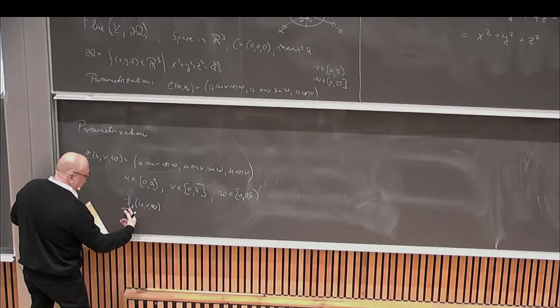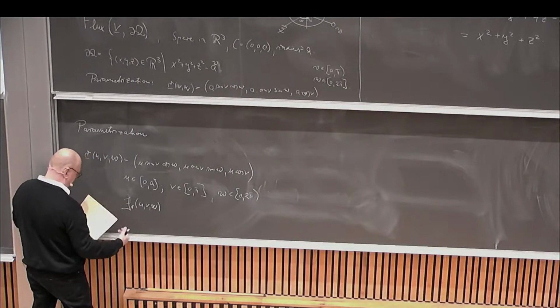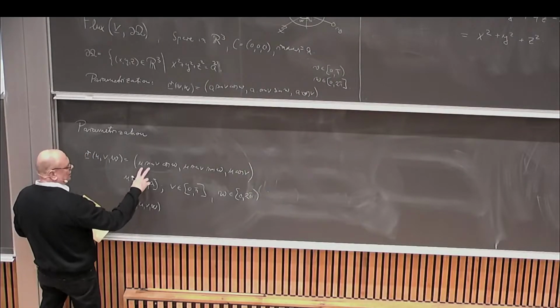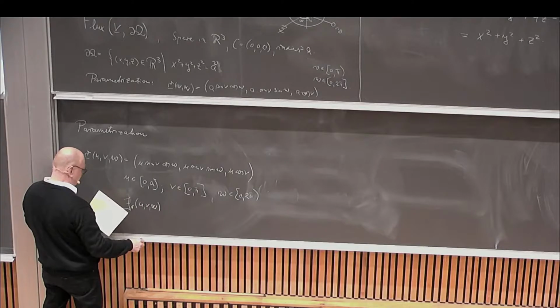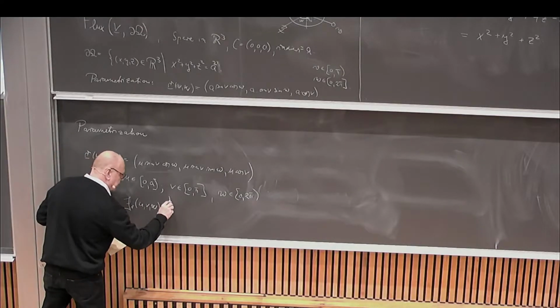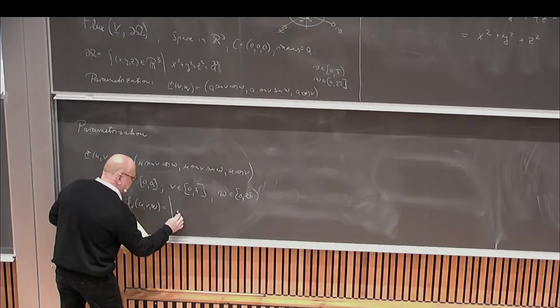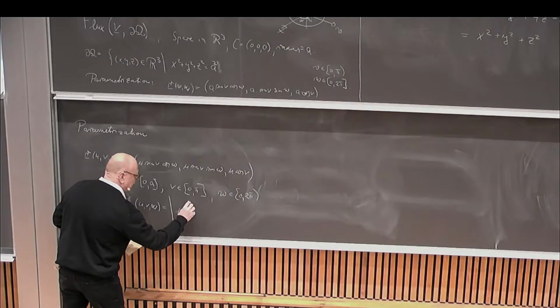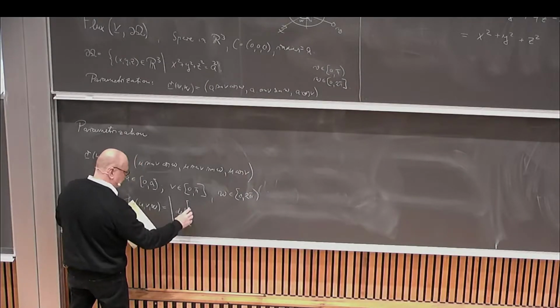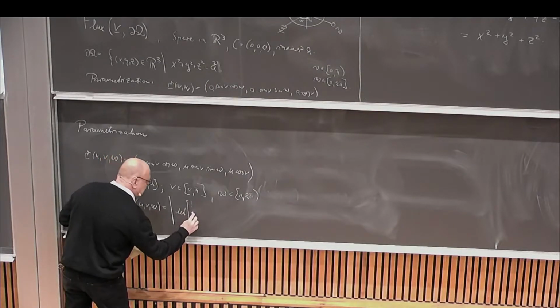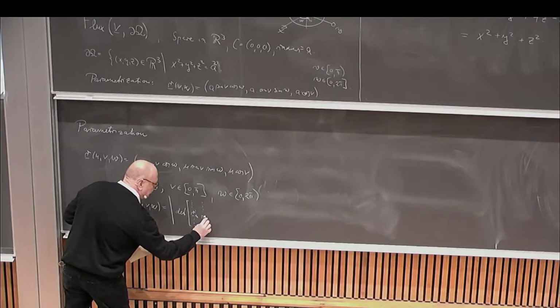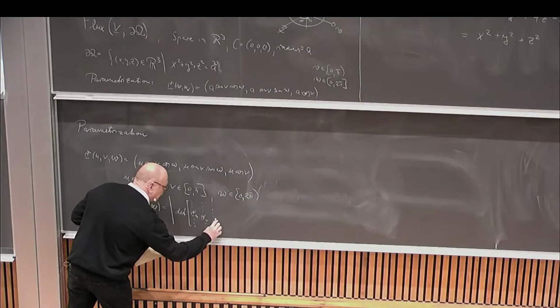The Jacobian function for this parametrization is the numerical value of the determinant of this matrix, where the first column is r prime u, the second column is r prime v, and the third column is r prime w.